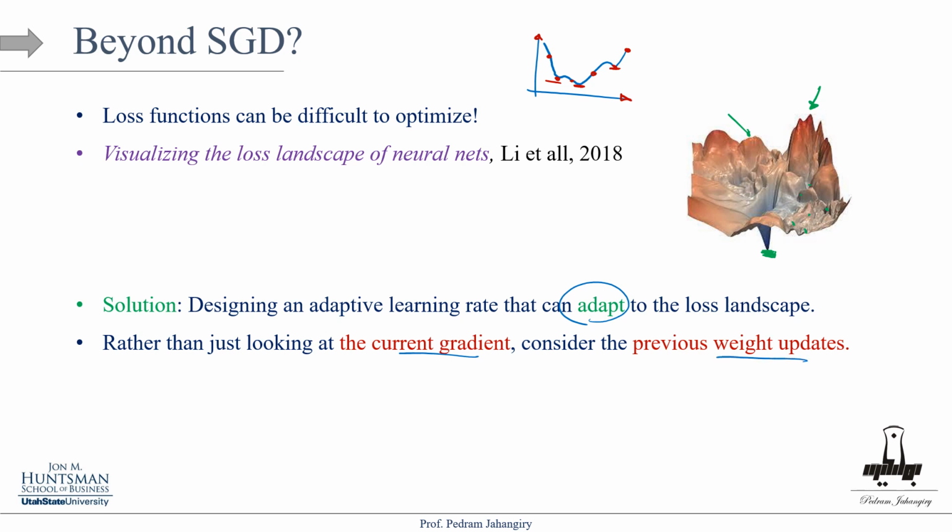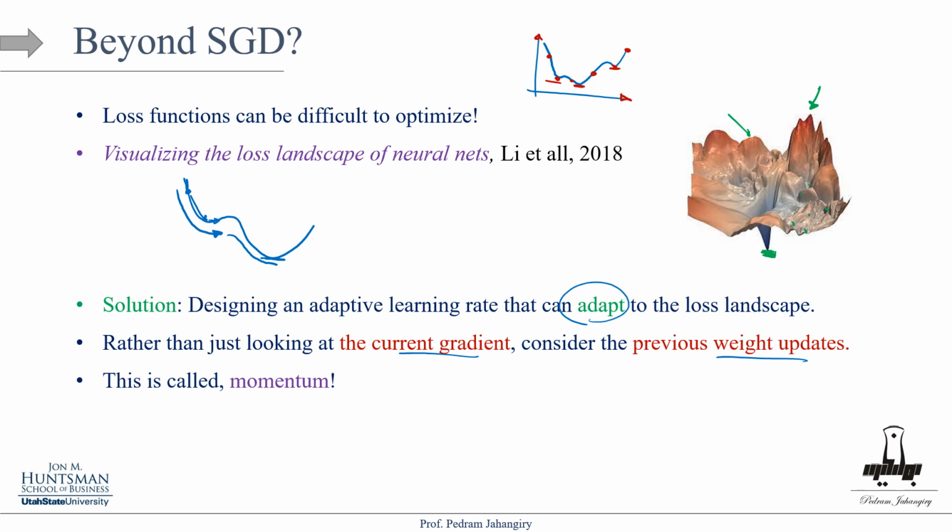For example, if the gradient is high here, it's going to take larger steps, here it's going to take smaller steps, but at the same time, it's going to take into account the previous weight updates. Imagine it as a rolling ball down the hill, with enough momentum to pass this local minimum and then go to the global minimum. So that's the idea at a very high level and in a nutshell.